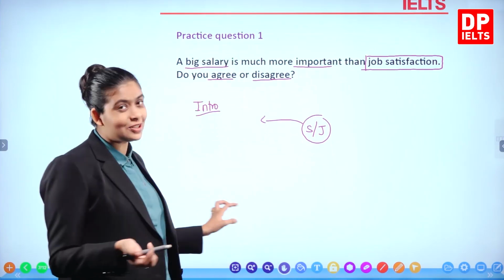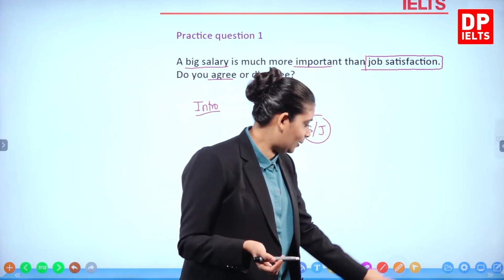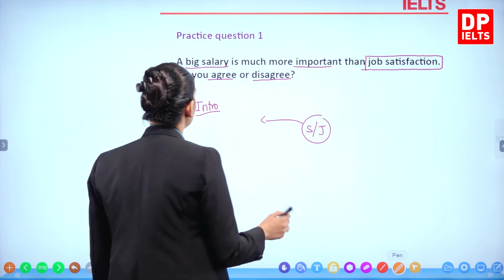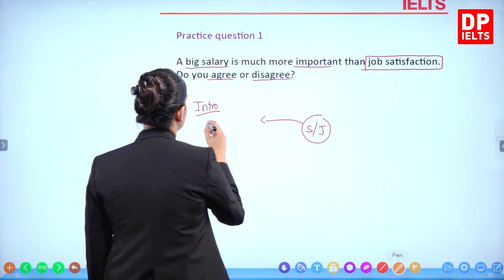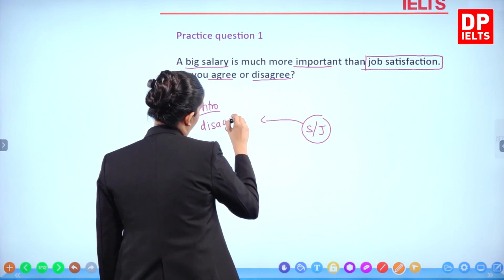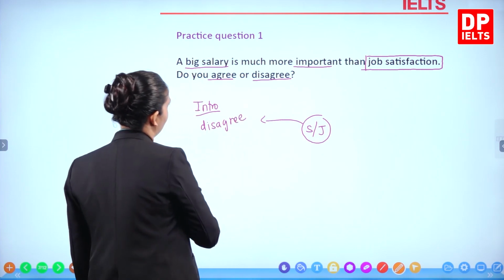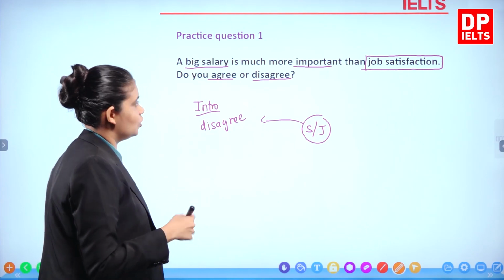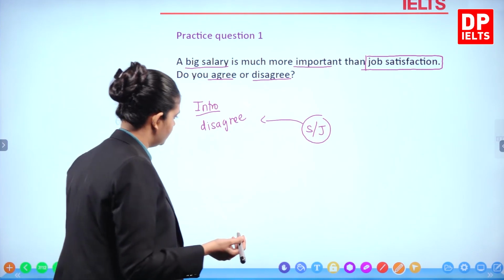If you really want to be rich, then you would choose other options. So in my intro, I disagree, and I think job satisfaction is important.